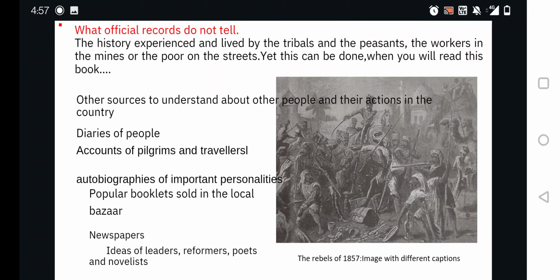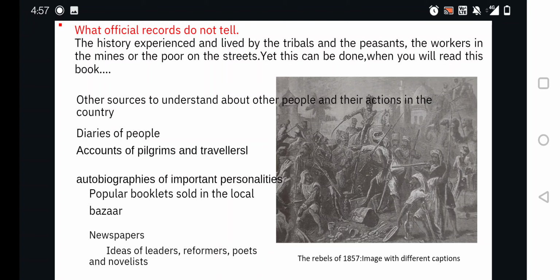So these things tell us more about the common people. Also popular booklets which were sold in local markets, plus newspapers, plus ideas of leaders, reformers, poets and novelists. They also used to express their ideas, and they used to write about the conditions contemporary to them. So this is how we got to know about certain communities, common people.